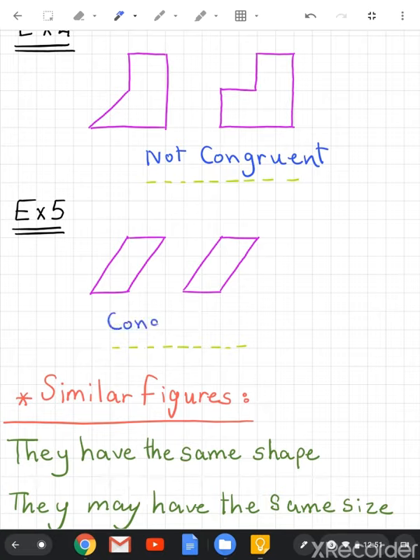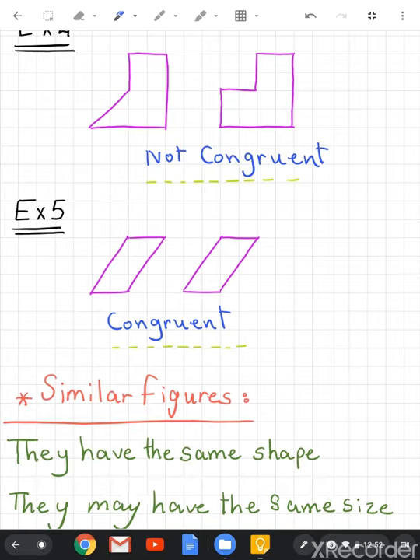They have the same shape and the same size. So we saw now what congruent figures are: shapes that have the same shape and the same size. They are identical.